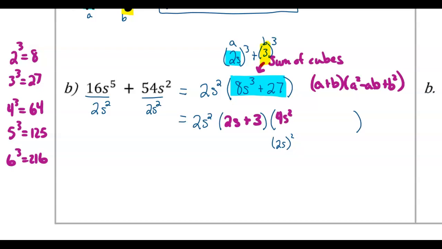And then you do minus A times B. Well, 2s times 3 makes minus 6s. And then it's plus B squared. Well, 3 squared is 9, so it's plus 9. And so this right here is our answer, this whole thing.